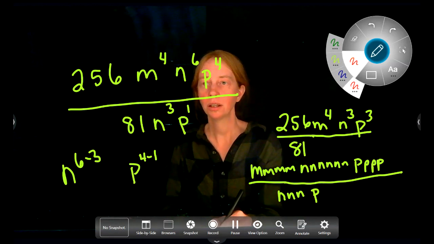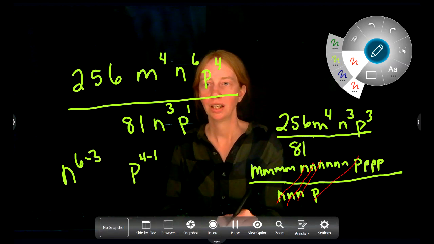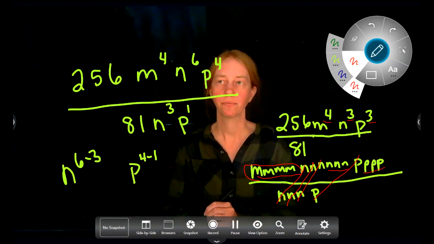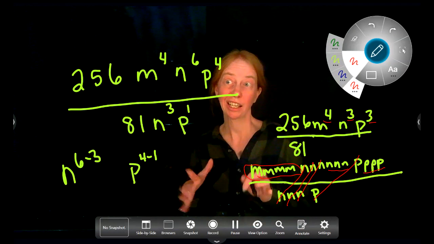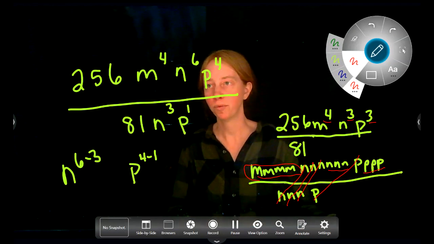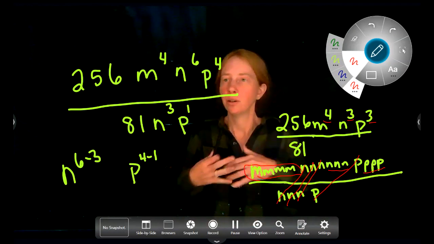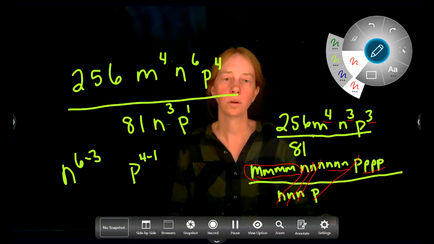And so you can literally just cross these out if they have a match on the bottom, and then count what's left over. See, so we had 4 m's left, which is what we got. We had 3 n's left, and we had 3 p's left. Okay, so that's kind of just a little trick in case that is helpful to you. If you're forgetting the rules, write it out, and it's totally fine.